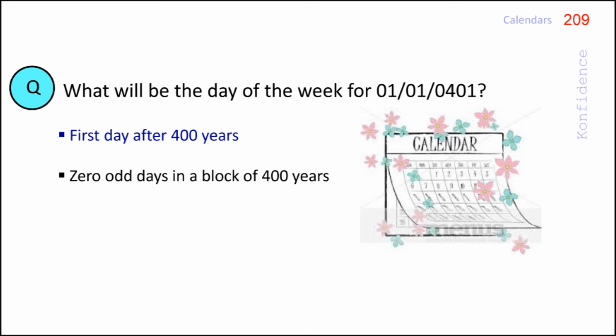So, after 400 years, there will be no odd days, or the calendar restarts itself from the very beginning. Therefore, the 1st of January year 401 will be a Monday. I repeat, the 1st of January 0401 will be a Monday.